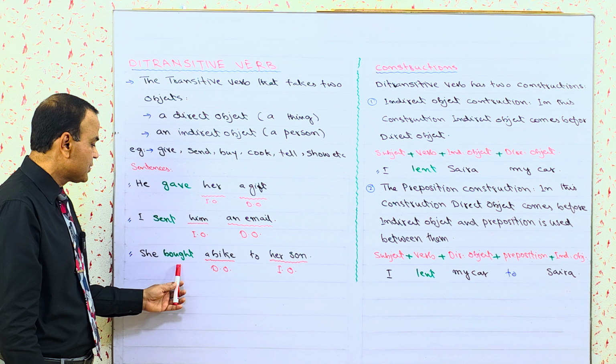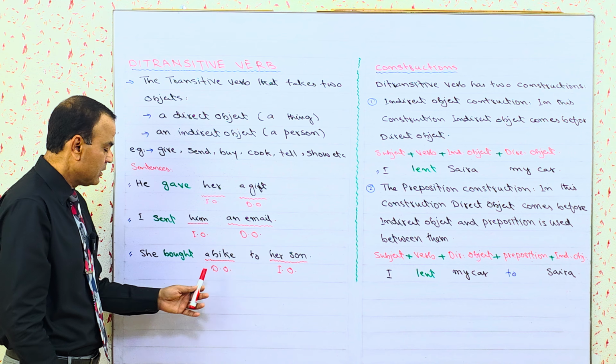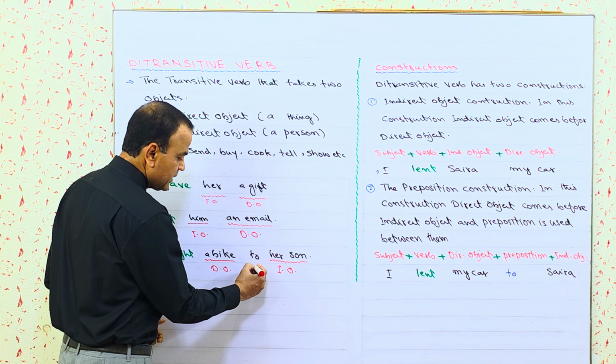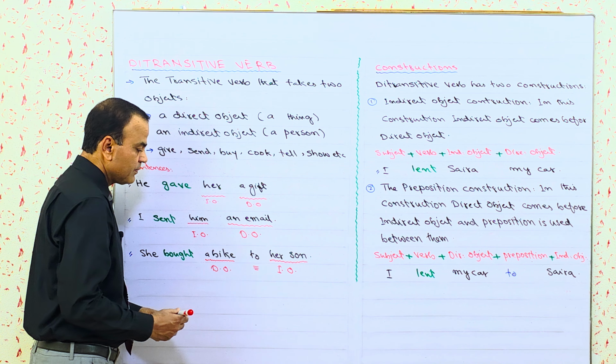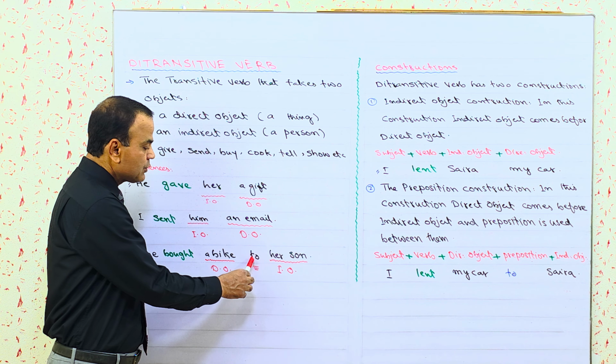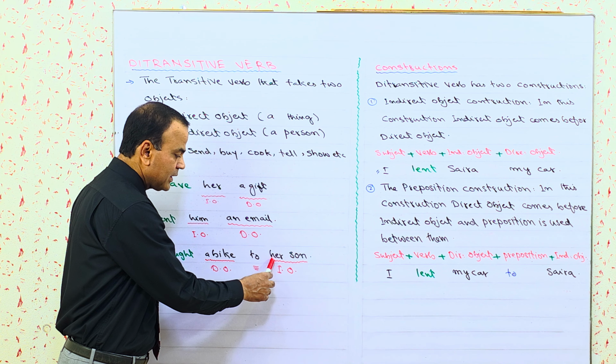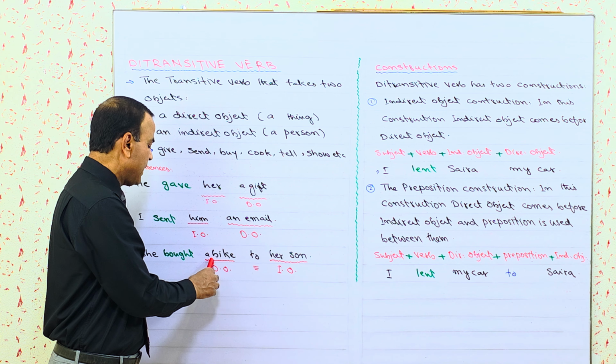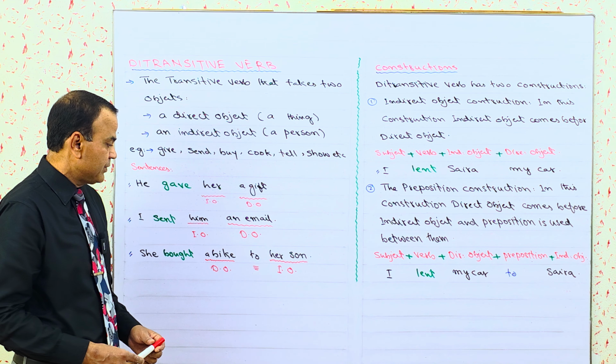So: She bought a bike to, please keep this point in your mind, she bought a bike to her son. Her son is the indirect object, bike is the direct object.